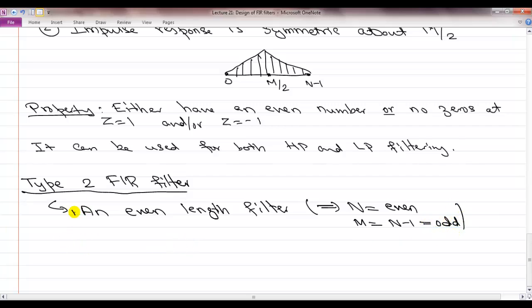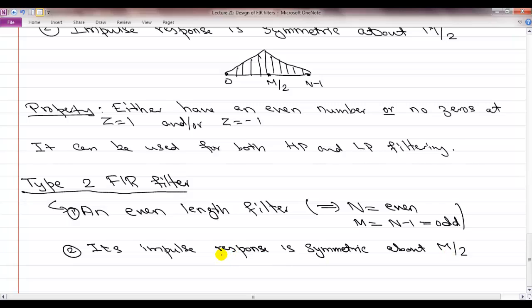The second condition is the same as the type 1 filter: its impulse response is symmetric about M by 2. Now note that M is now odd, so M by 2 is actually not an integer. So this means that M by 2 would have no sample itself.